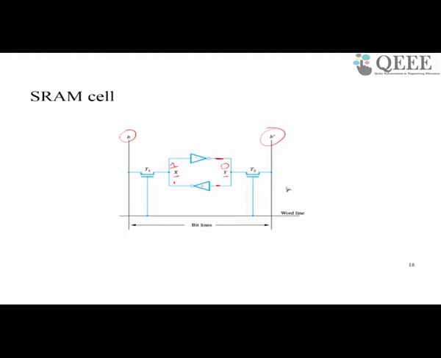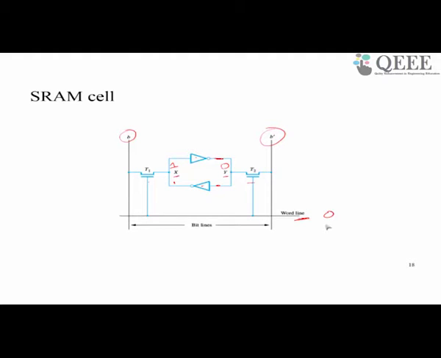So this is what we mentioned, that both the value as well as its complement will be available at any given time. We make use of two transistors for the purpose of selecting this bit cell. This is called the word line. When the word line is 0, the gate signal to both these transistors is 0, and it will basically disable the X input to the bit lines, and similarly the Y input.